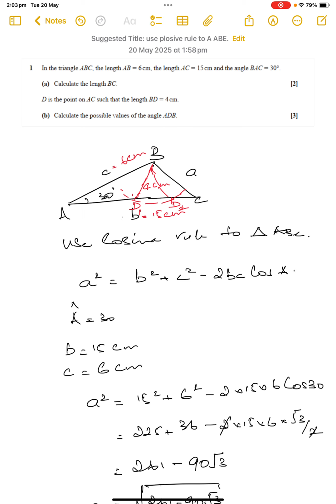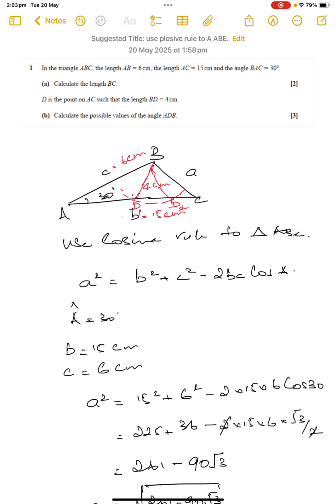side BC. So cosine rule says a squared equals b squared plus c squared minus 2bc cos A. A is 30 degrees, b is 15, c is 6.